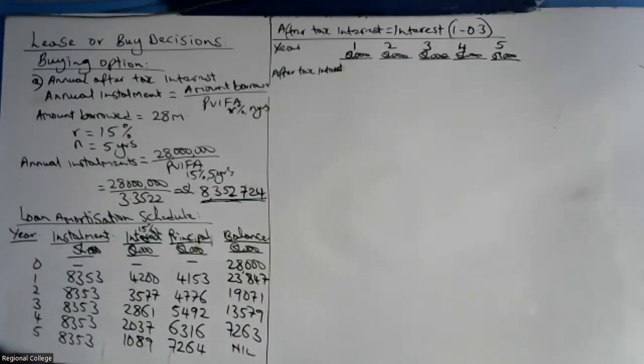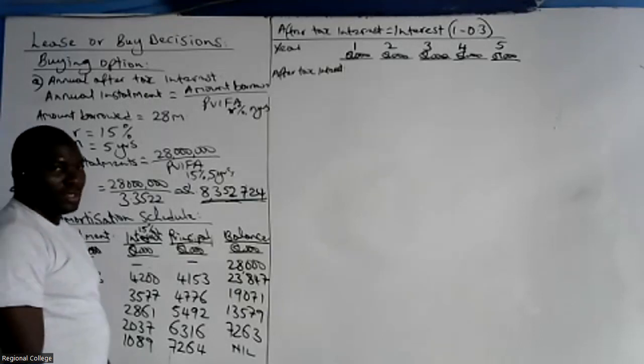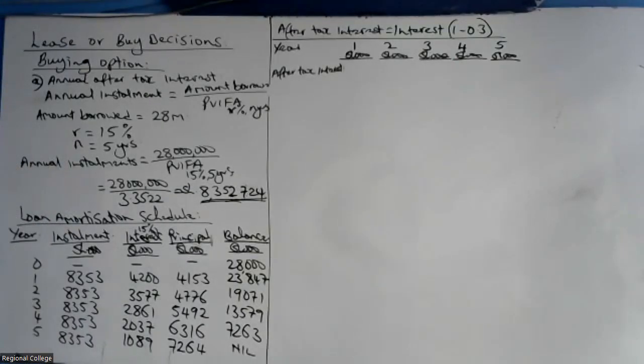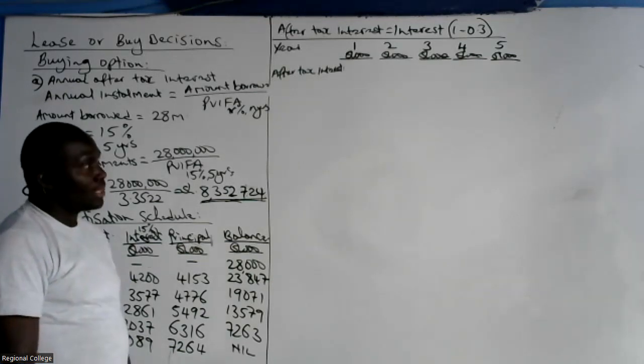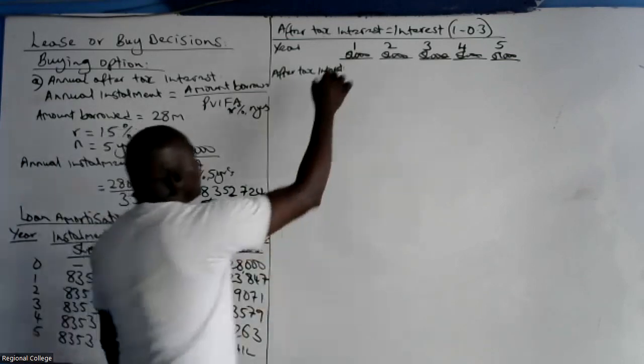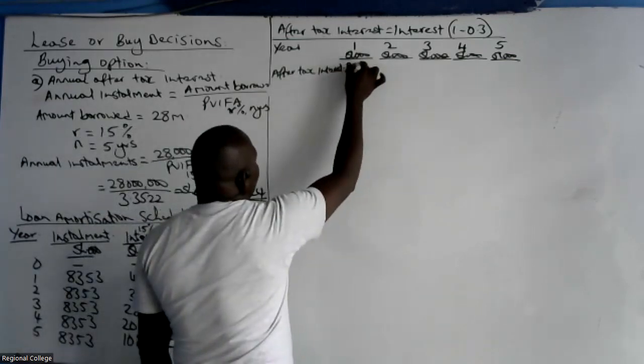In the first year, 70% of 200. So this is 200 times 0.7, 140 in the first year.